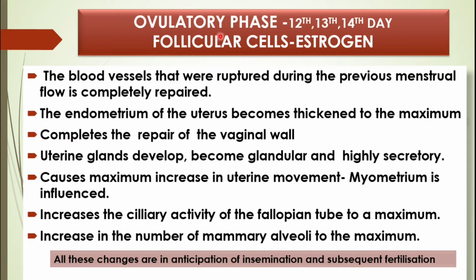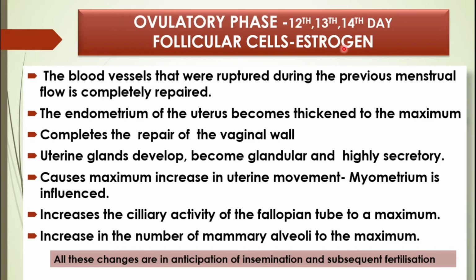Now I hope you remember that ovulation happens either on the 12th, 13th or the 14th, but theoretically speaking it is on the 14th day. During this phase, the follicular cells are still producing estrogen. Though the Graafian follicle has ruptured, releasing the secondary oocyte, the follicular cells continue to produce estrogen, and there is an increase in the production of estrogen.